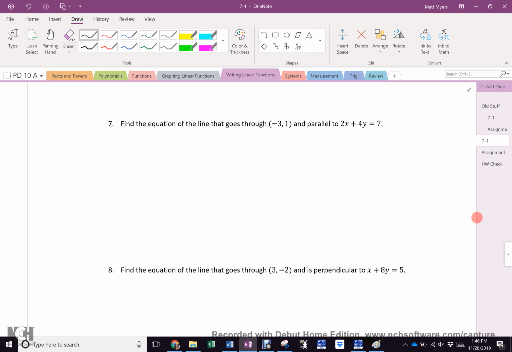Why do I keep saying yes, no? It's because every x and y can always go back into any form you have. It doesn't matter, because if you have the point, you have an x and y, no matter what.